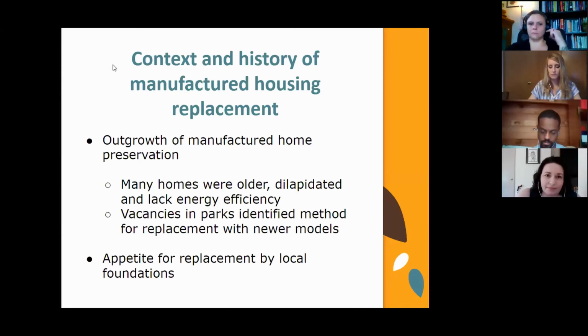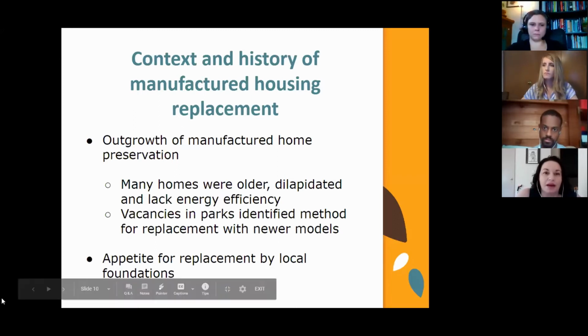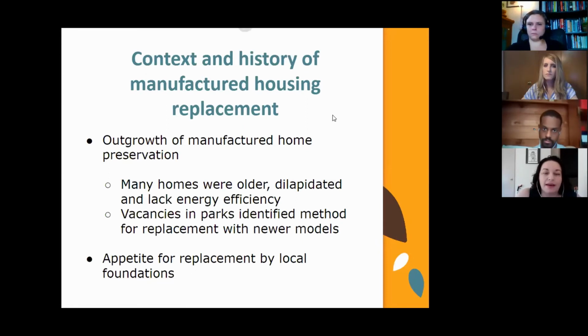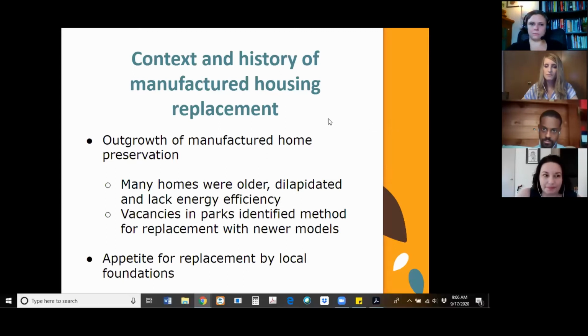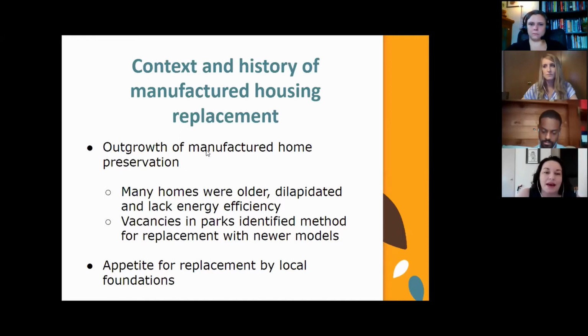And so as we developed experience in doing that, it became quite obvious that a lot of homes were older, dilapidated, and lacked energy efficiency. And then as we helped co-op parks that were dealing with vacancies, when they would have a vacancy in their park, and that means basically an empty spot, we would help them replace and fill that empty spot with a newer home.